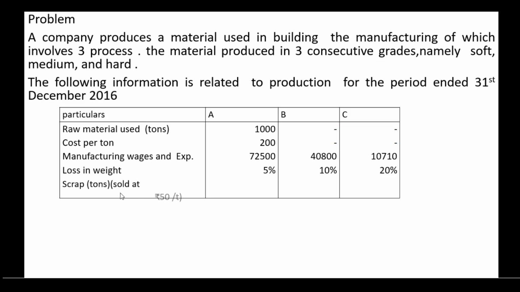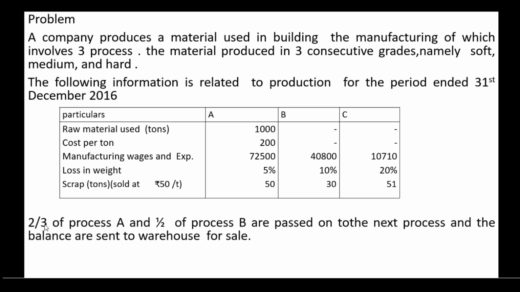Scrap tons sold at rupees 50 per ton. Process A 50, process B 30, process C 51. Here 2/3 of process A and half of process B are passed on to the next process and the balance is sent to the warehouse for sale.